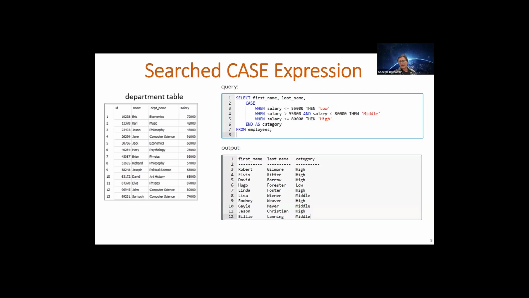Everybody sort of understands the difference between a simple case expression and a searched case expression. You could have any logic. You could be calculating a salary, a date, or any other number like profit. If the cost is greater than 5K, then mark it as expensive or something like that.